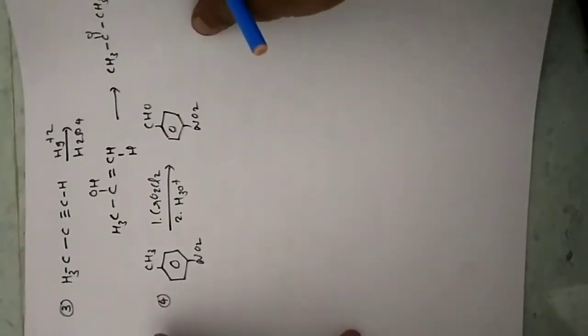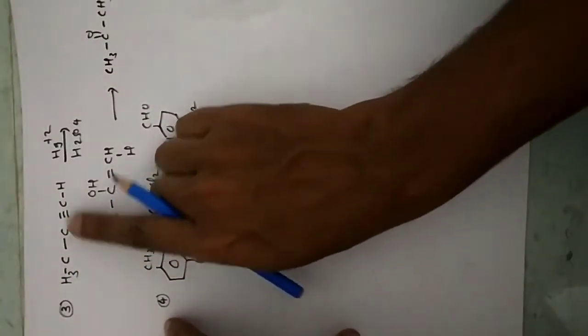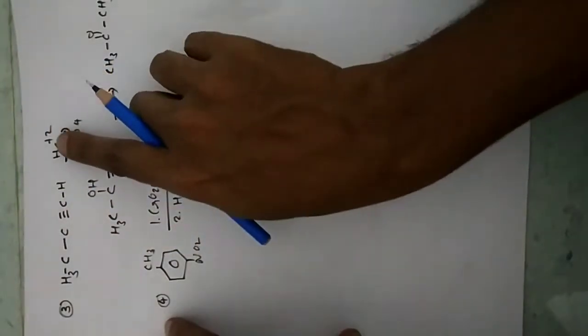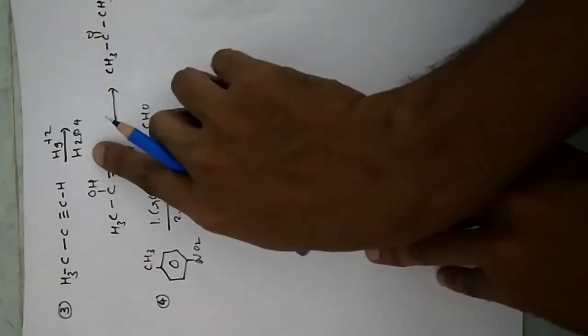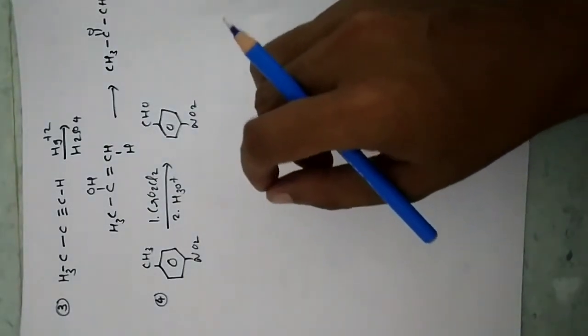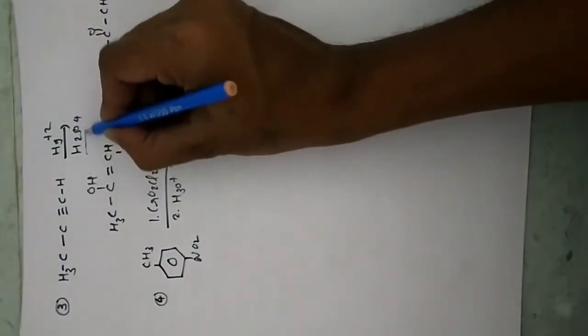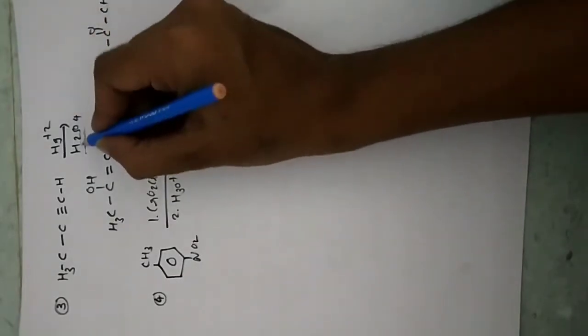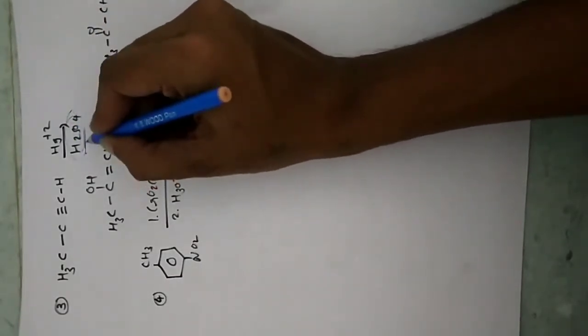Third one, CH3C triple bond CH in presence of HgSO4 plus H2SO4. Now this one is a hydration reaction. H2SO4 is not concentrated here, so it must have some water in it. So it is a hydration reaction. Now we have to add an H2O molecule here.